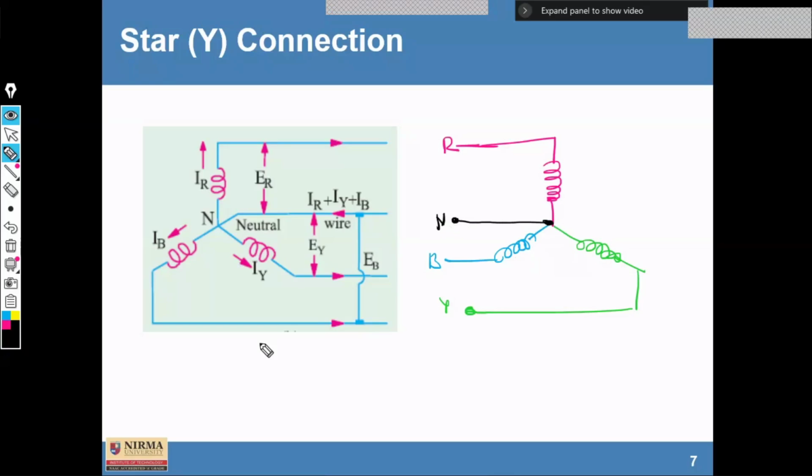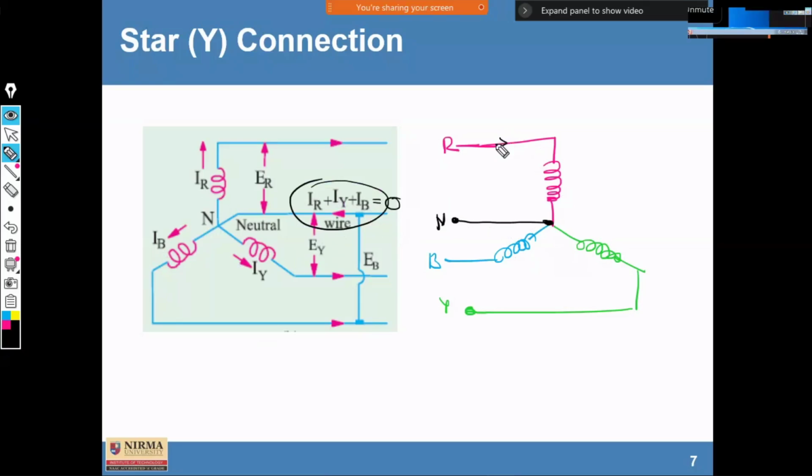Let us see how. So here they have written that the equation IR plus IY plus IB is equal to 0. That means the amount of current flowing through this would be the same. So if the current is the same, then the neutral wire is not required. So there is no current from this.